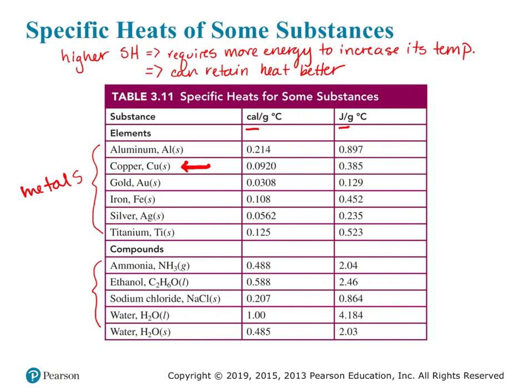If you are interested in nuclear reactors, water is used to cool down the nuclear reactors because water can hold on to a lot of heat. And then you can move that hot water somewhere else and bring in more cold water, and that keeps nuclear reactors from overheating. So we can use the specific heat of different elements and compounds to our advantage.